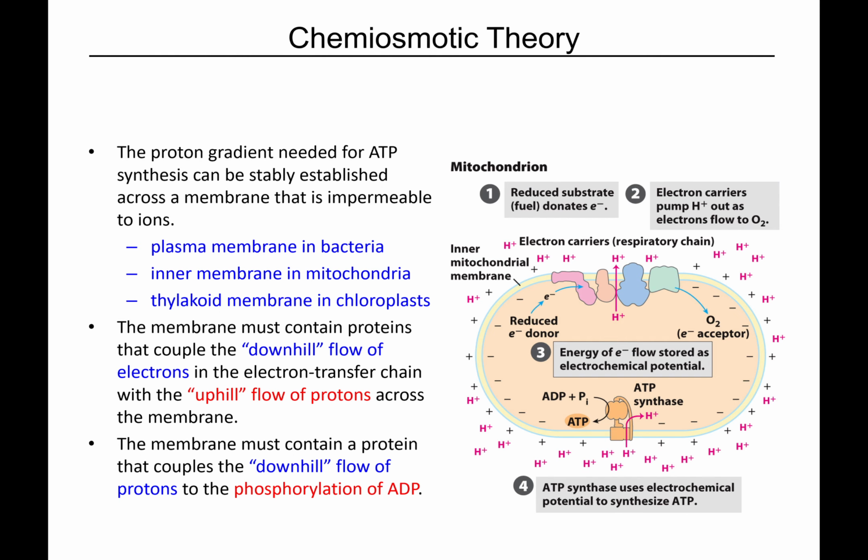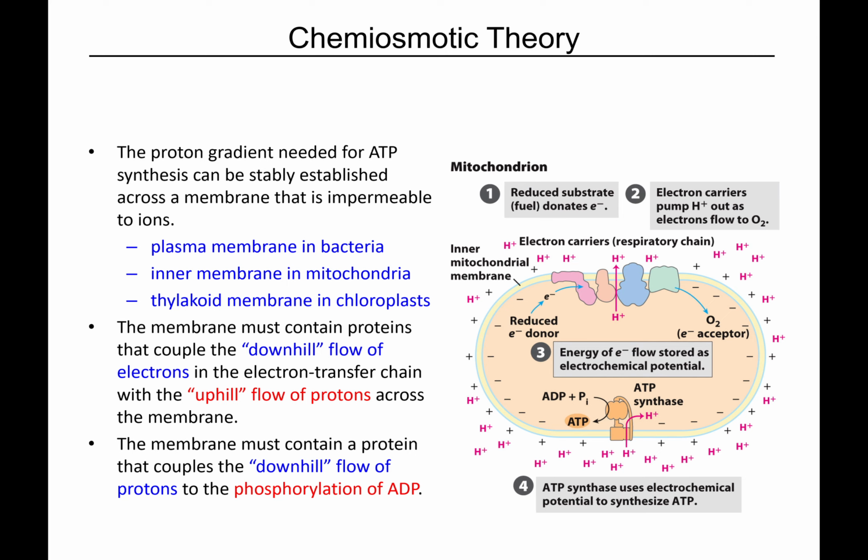So, as I hope you all have learned at some point in your biology background, right, the idea about how ATP is made is the chemiosmotic theory. Okay, and this seems like a busy slide, and it kind of is, but the idea is fairly simple.